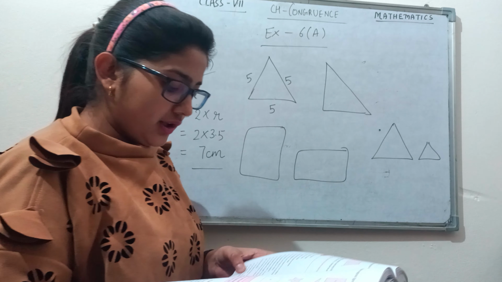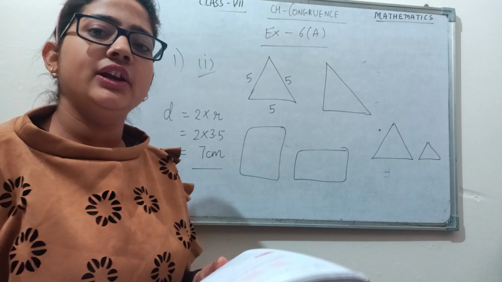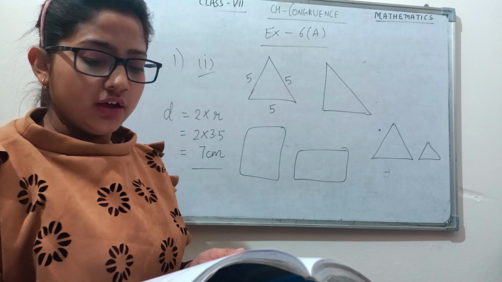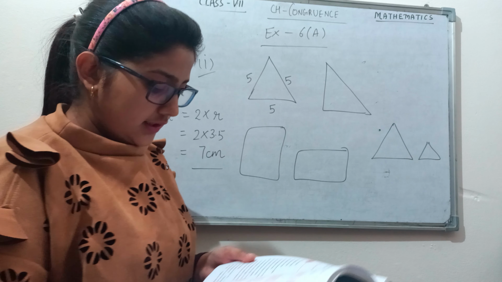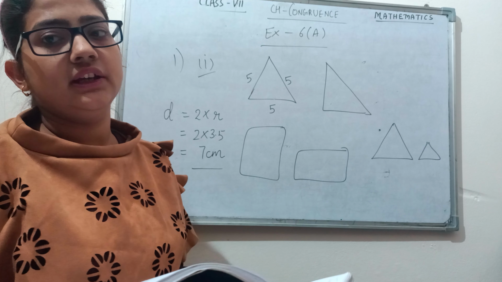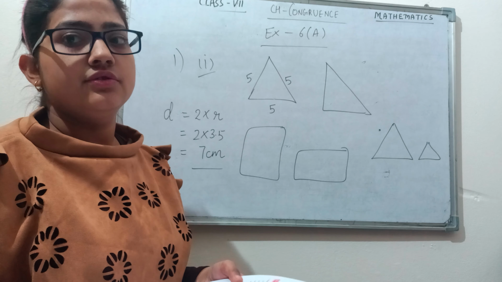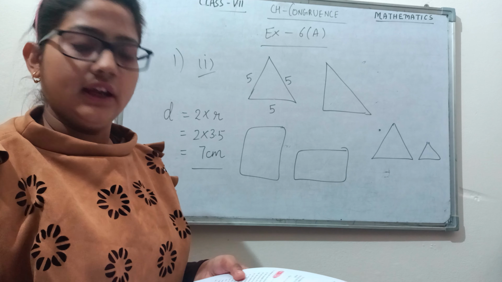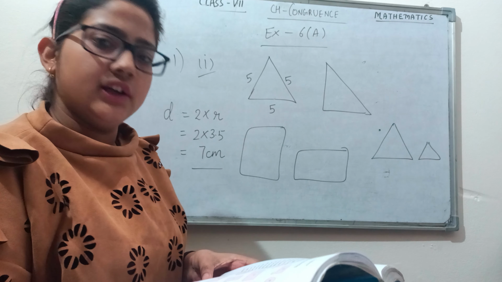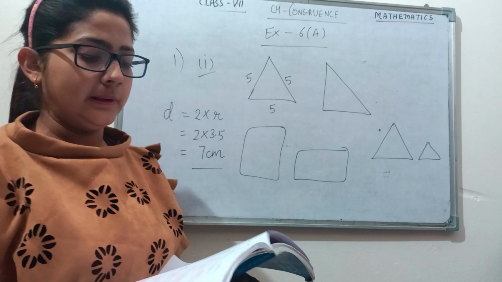Next is all squares of equal area are dash. If squares have equal area, then these are congruent. Next is two dash triangles are similar. Two equilateral triangles are similar. Two isosceles, two right angled, and any other two triangles are not similar. Just two equilateral triangles are similar.